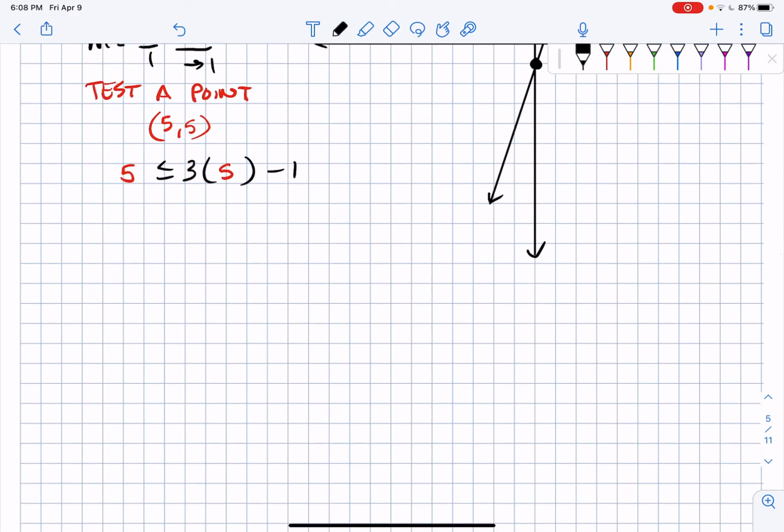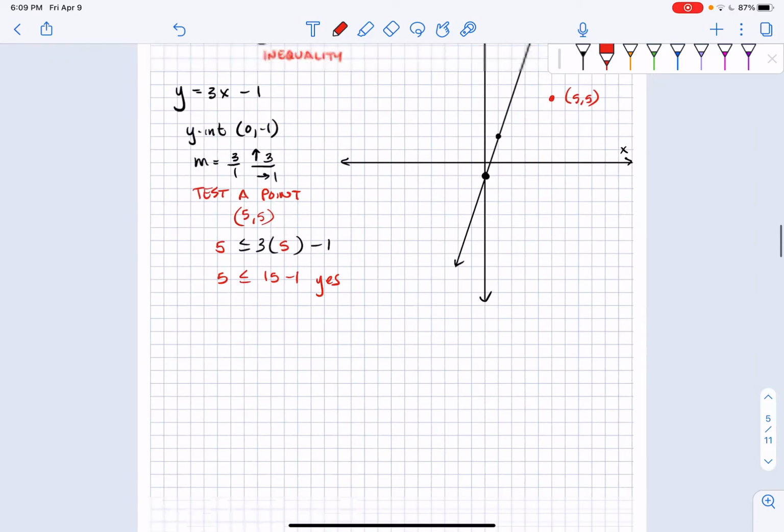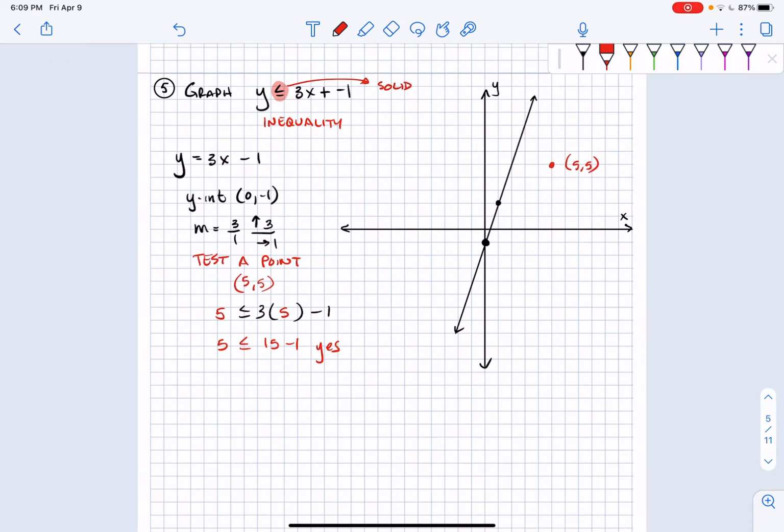Okay, so let's take a look. Is 5 less than or equal to 15 minus 1? Yes. Right? So it is. So that means I'm on the same team as 5, 5. So that means I will be shading on this side.